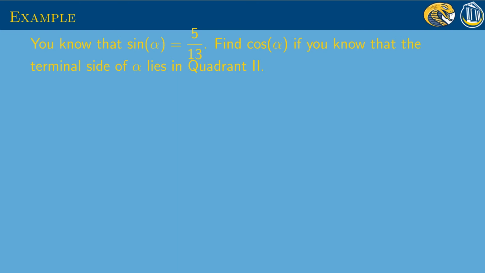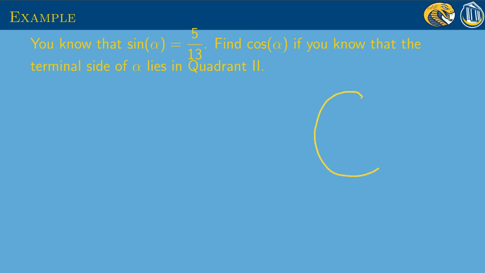Let's say we know that sine of some angle is 5 over 13. We don't know the size of our angle. We just know that the y-coordinate of the terminal leg of our angle works out to 5 divided by 13. What we want to do is find cosine of that angle, which we can do without knowing what that angle is, as long as we know which quadrant it lies in.